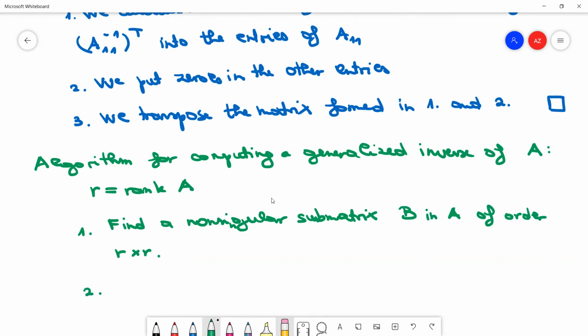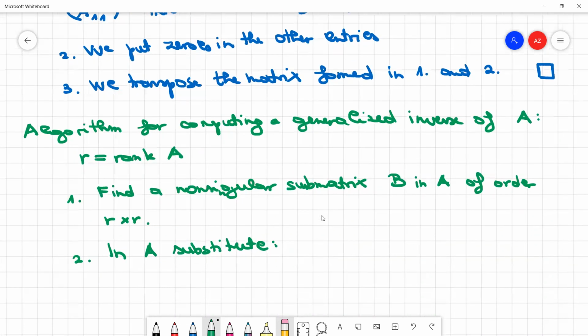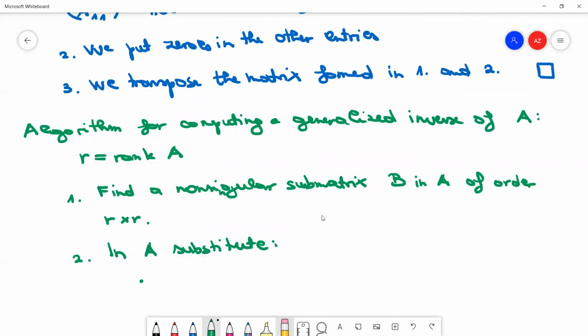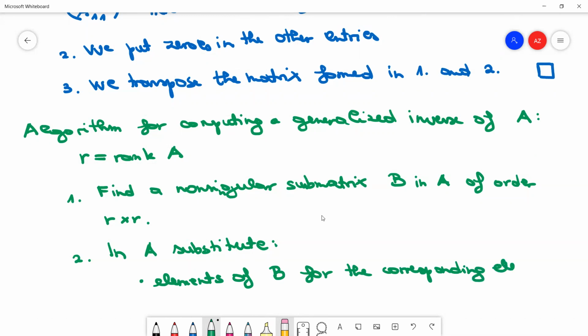And what we do, so in A, substitute, this is what we did in the second case, elements of B for the corresponding elements of B inverse transposed.